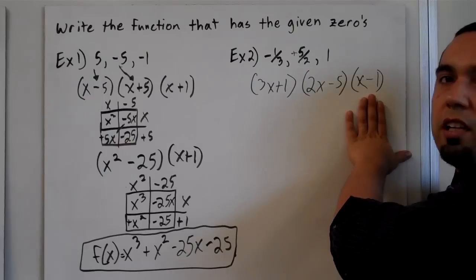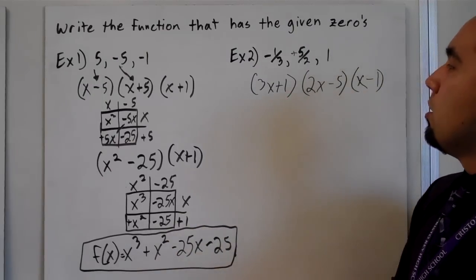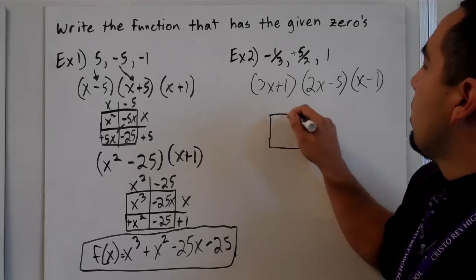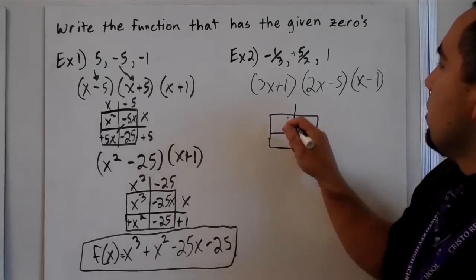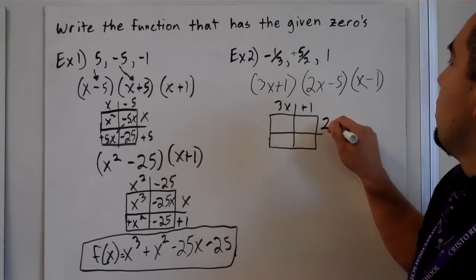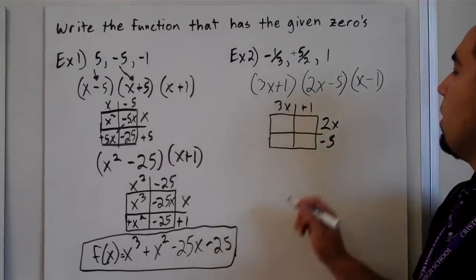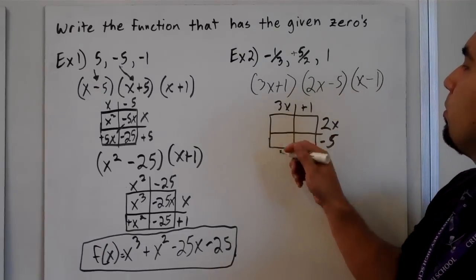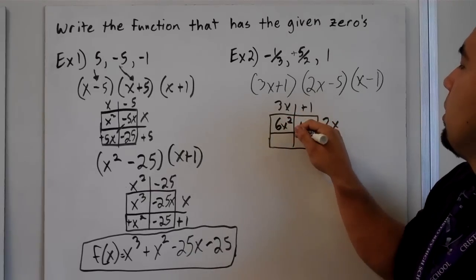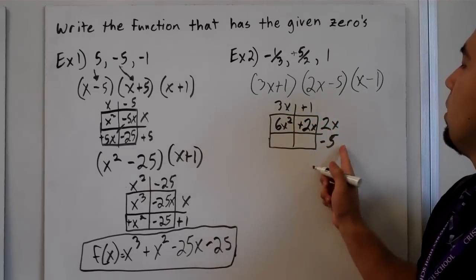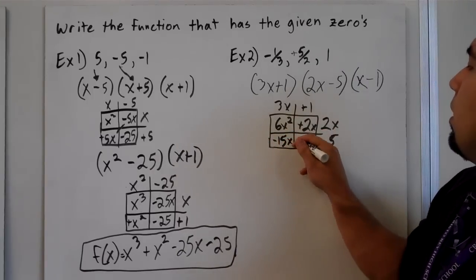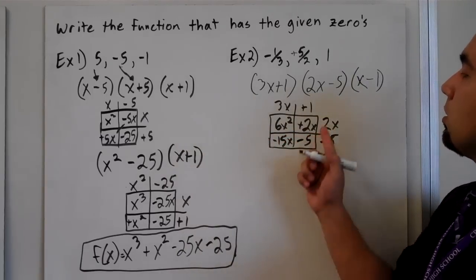I'm going to leave this one to the end because this one's easier. I'm going to multiply these two together first, since it'll make my life easier. So let's do 3x minus 1 there, and 2x minus 5 there. Multiplying it out, I get 6x squared, negative 15x, 2x, and positive 5.